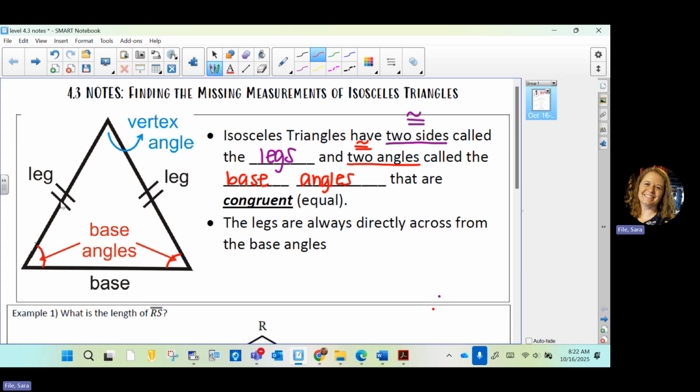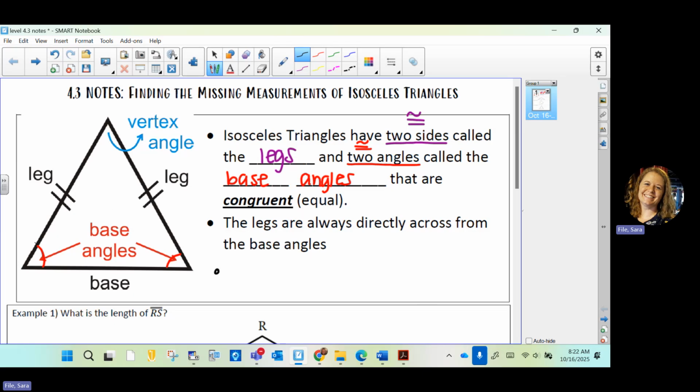We mark sides congruent with tick marks, and we mark angles congruent with arcs. Okay, the legs are always directly across from the base angles. So I think I mentioned this yesterday, but the isosceles triangle is not always going to be drawn sitting on its base.